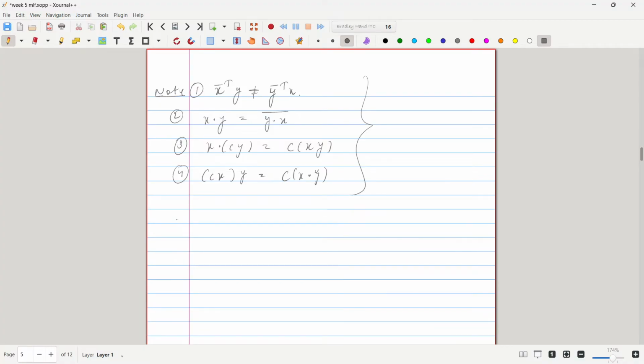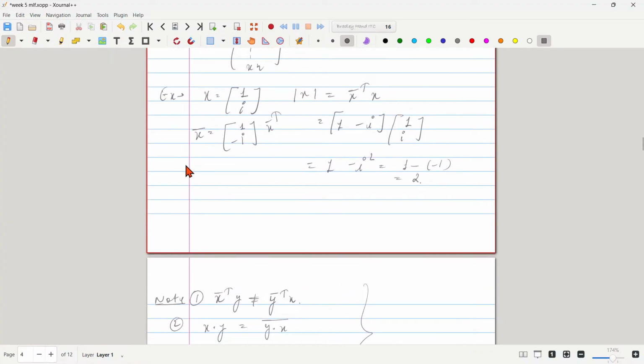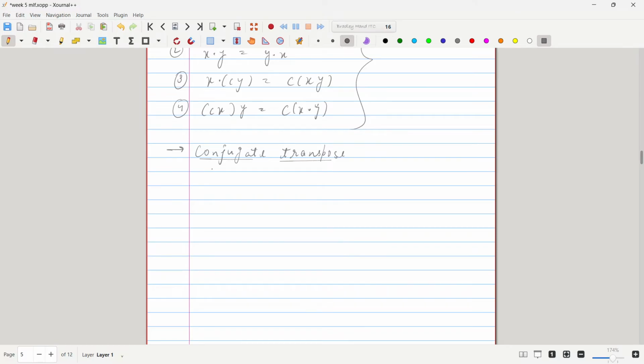Next topic is conjugate transpose. There is nothing special. The conjugate transpose is represented by A star.